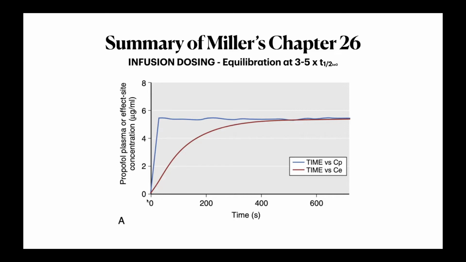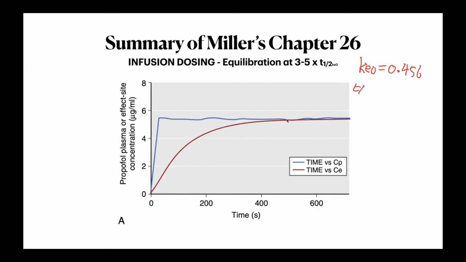But as you can see, the effect site equilibration takes 3 to 5 T half KE0s, which is approximately 300 to 400 seconds. So the example that you might give is that the Schneider model has a KE0 of 0.456.